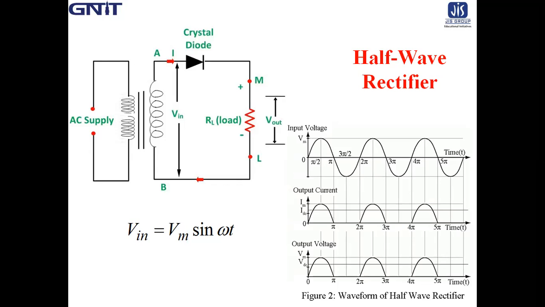Similarly, we determined IRMS and VRMS: IRMS equals Im by 2 and VRMS equals Vm by 2. That part was already calculated in the previous class. We have also determined the ripple factor, which is 1.21 for the half-wave rectifier.